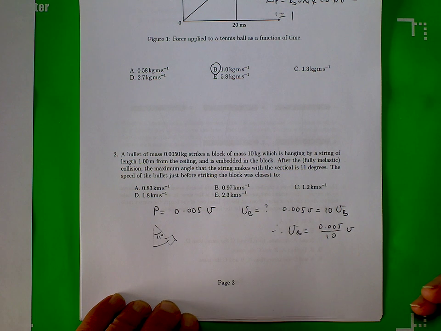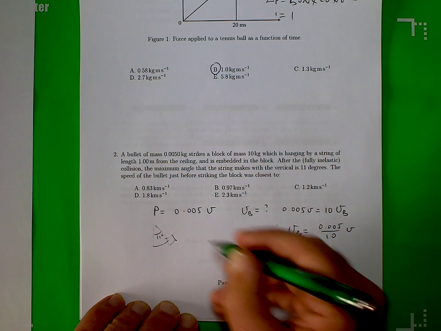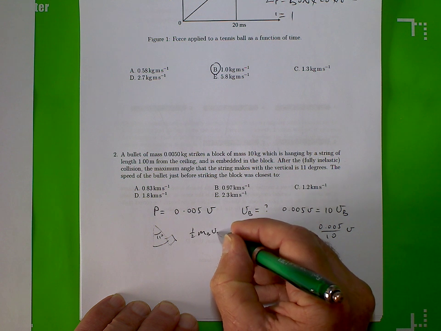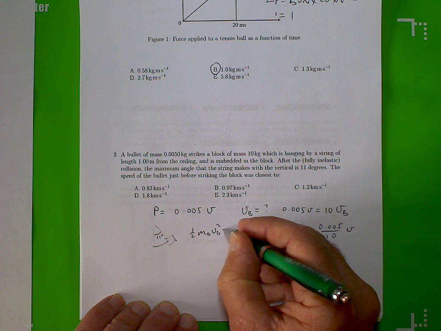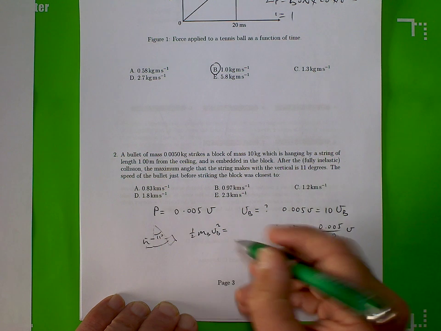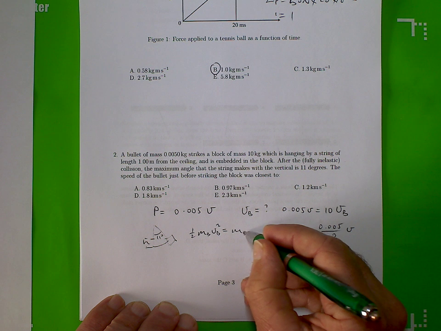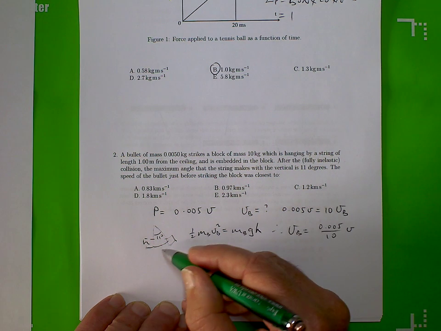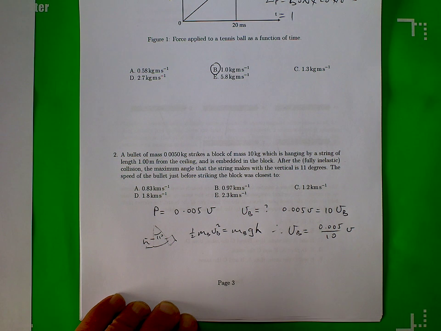So what we'll have is that the initial kinetic energy of the block, 1/2 mass of the block times the velocity of the block squared, is going to be equal to mass of the block times g times the height. Because when the block finally gets up to its highest position, all of its energy will be potential energy, and this will be 0.